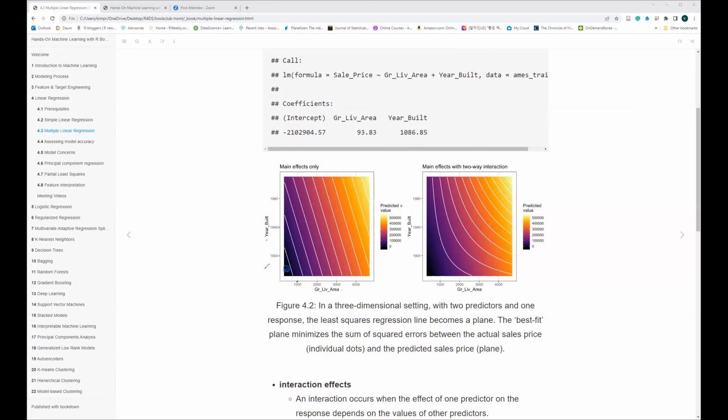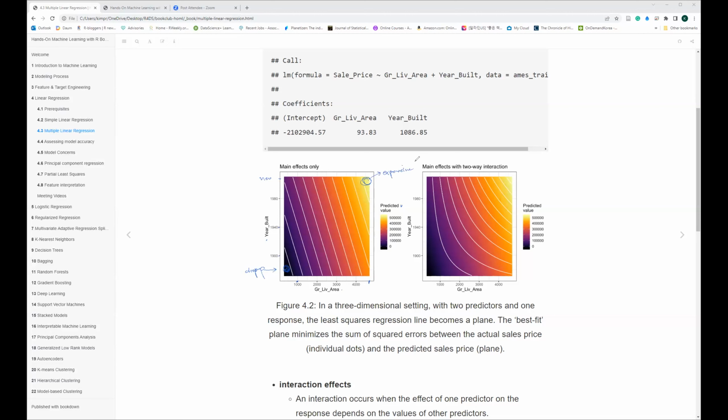So those houses are very cheap housing, right? And then when we go to the top right here, if we have a lot of living area square footage, and a brand newly built house, that means it is very expensive.